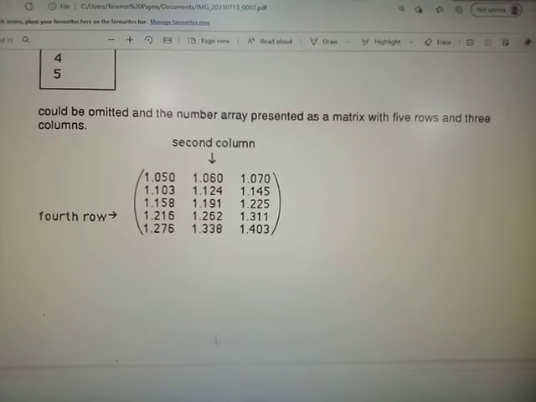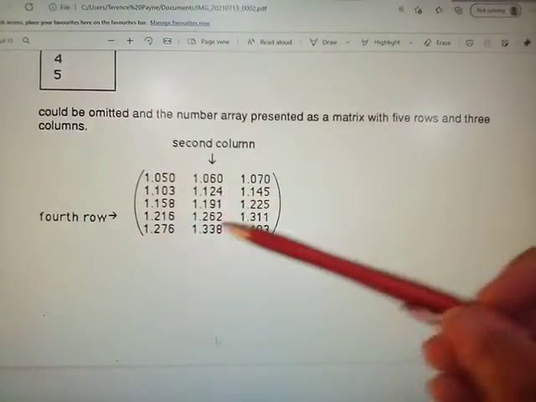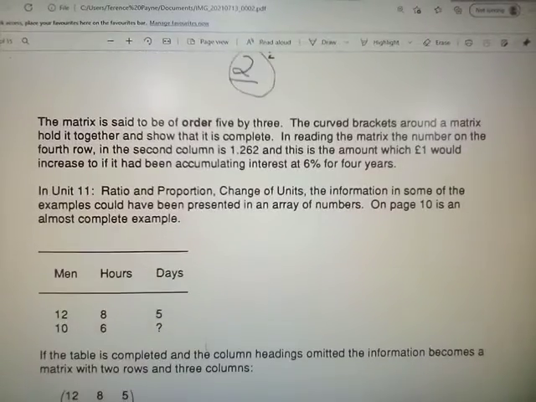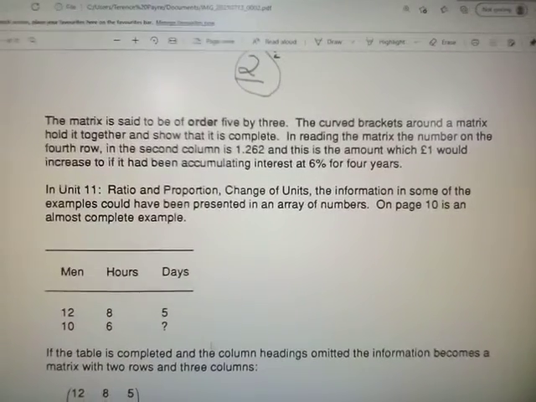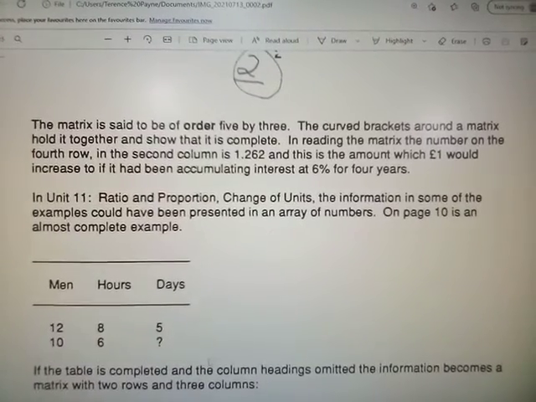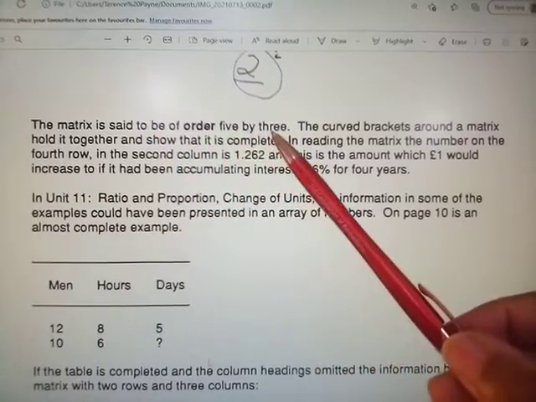All this is now showing you is the columns and the rows, and it's pointing to the 4th row. The matrix is said to be of order 5 by 3.